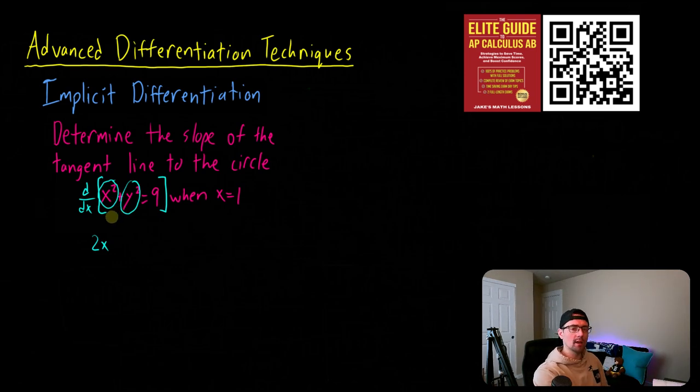Because y is your dependent variable, y is dependent on x. Just like what we talked about a second ago, if you have y equals something with a bunch of x's in it, even though we haven't solved for y, we know that y represents some function of x.